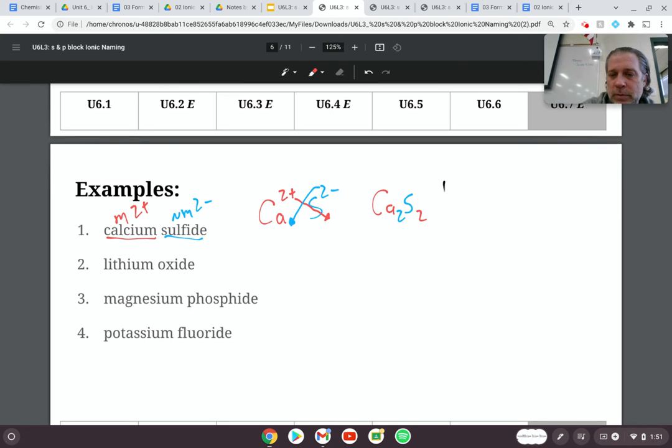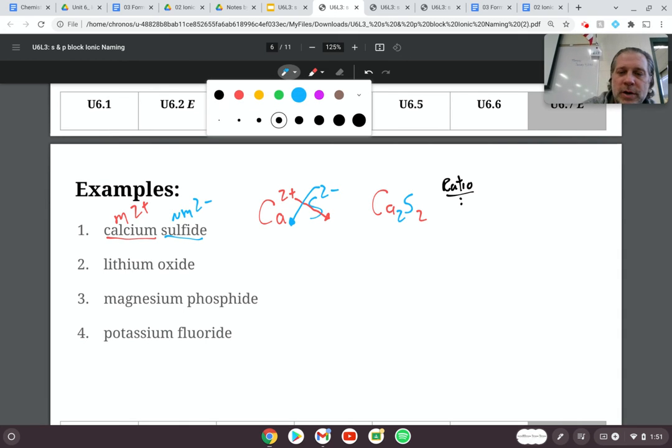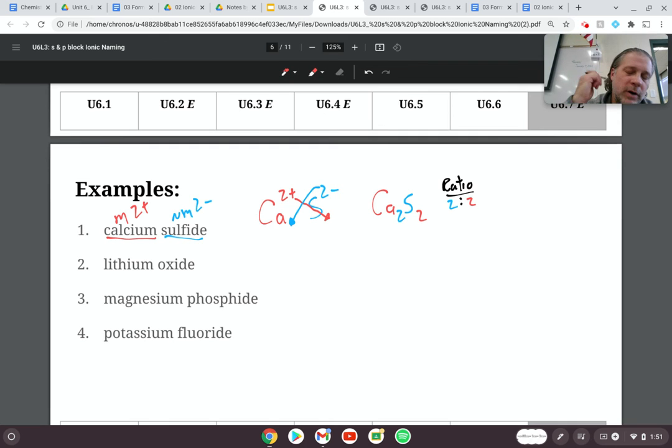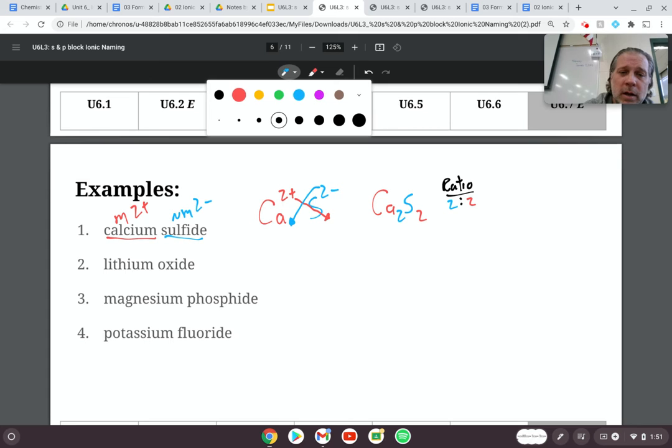Then I'm going to check my ratio, and I see that the ratio is 2 calciums for every 2 sulfur. And that I can simplify to 1:1. So I'm going to have a 1:1 ratio.